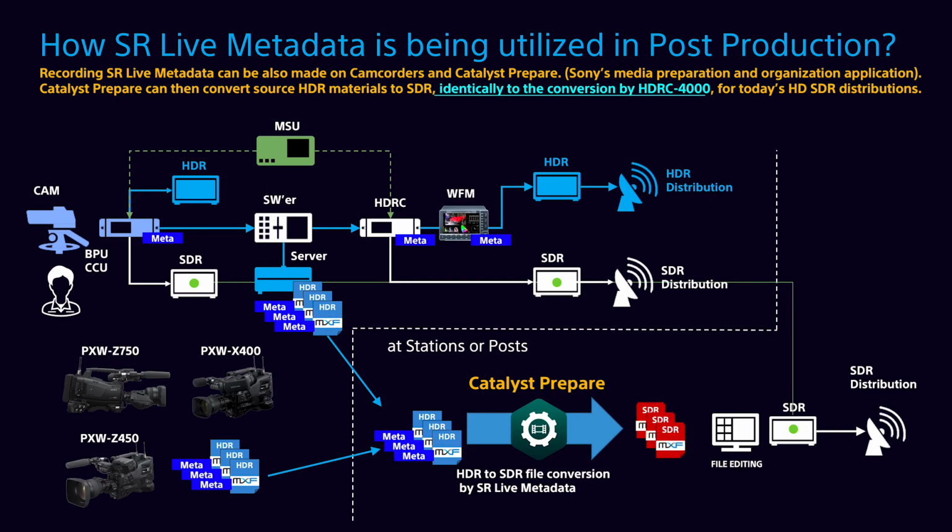The recording of this metadata packet can also be made in our camcorders. This action permits the processing of HDR recordings in post with our Catalyst Prepare editing application. With this information, Catalyst Prepare can replicate an SDR signal with identical image quality as that produced in our hardware-based HDR-C4000 converter.